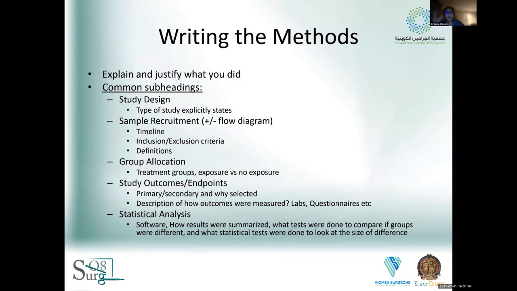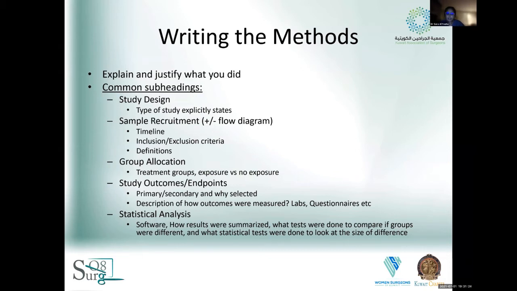So now I've explained my recruitment. Next, you talk about group allocation. So if you had a treatment group and a control, or an exposure or no exposure, you could say, so-and-so was allocated to receive steroids and so-and-so got placebo. This is where you'd explain it.